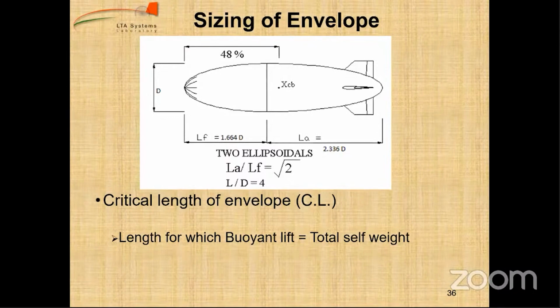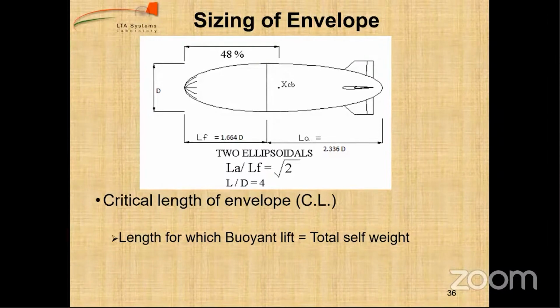So when this condition is fulfilled, lift will be equal to the total self weight, including the payload. When this condition occurs, it will be the critical length of the airship.